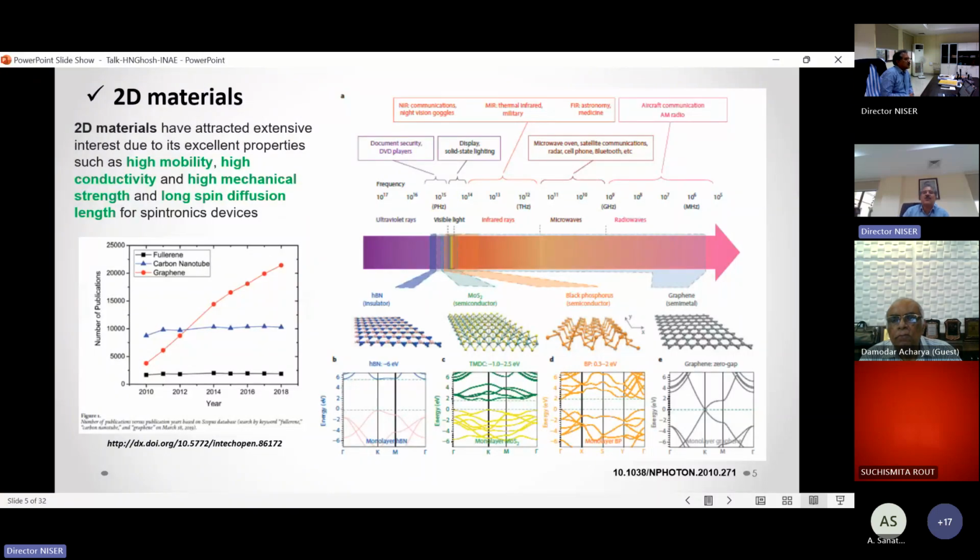So people hunted for 2D materials other than graphene, and that's why other 2D materials came into the picture. 2D materials have attracted extensive interest due to their excellent properties such as high mobility, high conductivity, high mechanical strength, and low spin diffusion length.